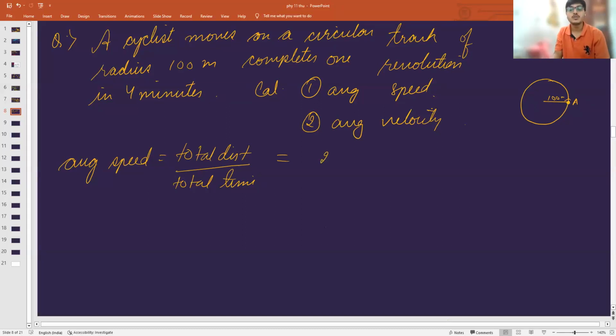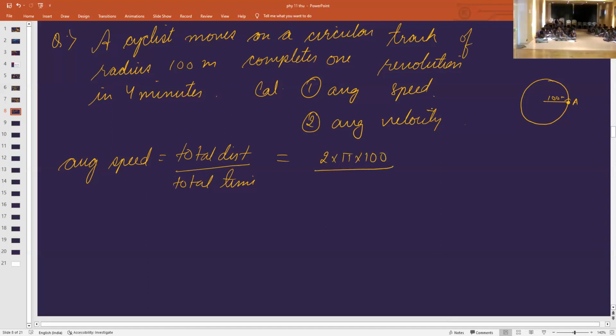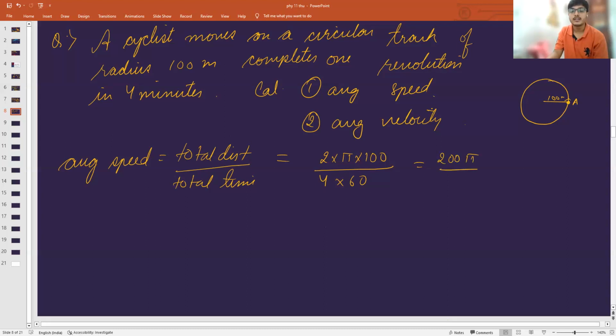So total distance was 2 pi r, that is 200 pi. Total time we take in seconds: 4 minutes into 60 seconds, that is 240. So this will be 200 pi by 240, that is 5 by 6 pi meter per second.